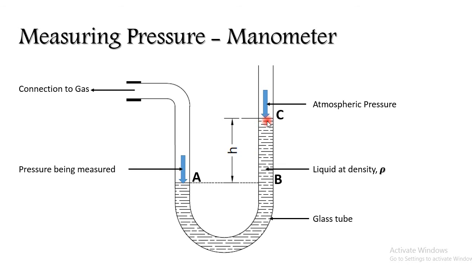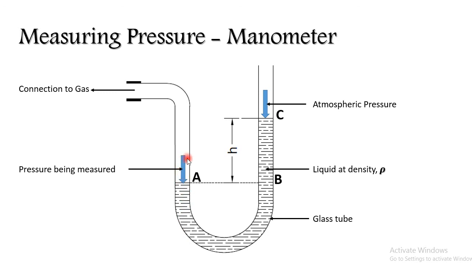Sometimes mercury may be a convenient liquid because it has a higher density, which means that for a bigger pressure you have a little difference in column. But if we use water, it may have a bigger column in this U-tube.